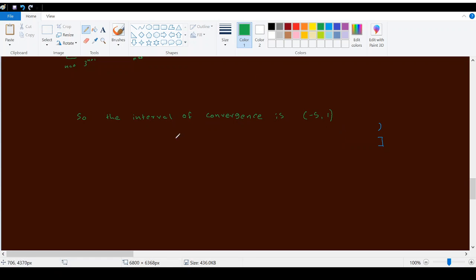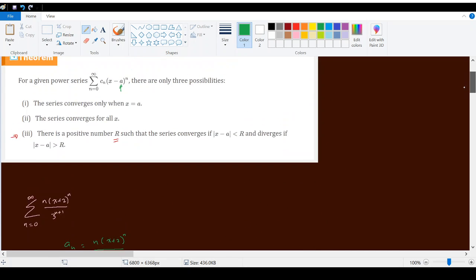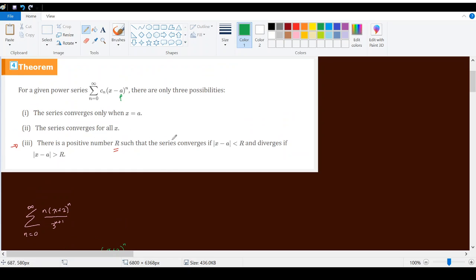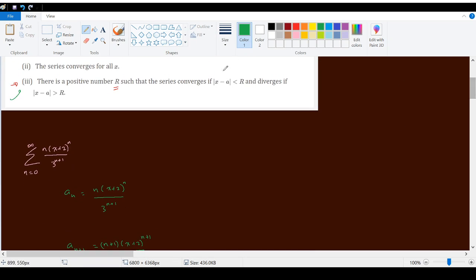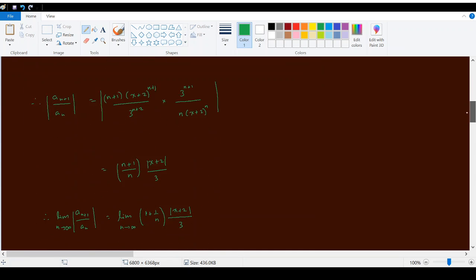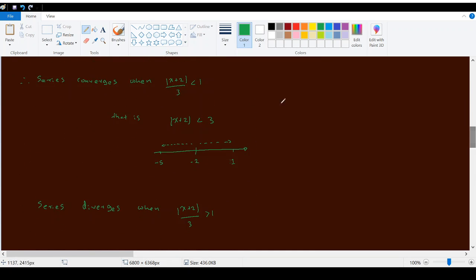And here the radius of convergence is 3, because from this theorem you can say that this series falls under the third category, right? And there we have a positive real number, and here you can see that the number is equal to 3, right?